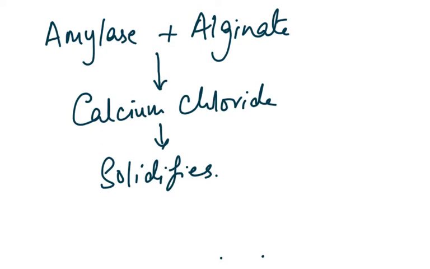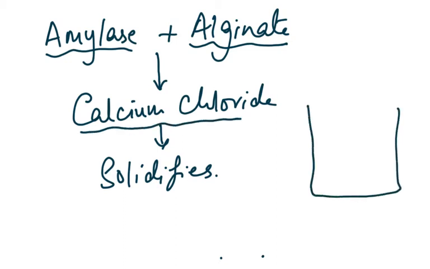The simple way of immobilizing enzymes is, you take an enzyme solution and you add alginate. Alginate gels very easily, and that is added to a solution of calcium chloride, and as soon as we add it, the sodium alginate and the amylase solidify, and form these beads which you've done a number of times in paper 3.